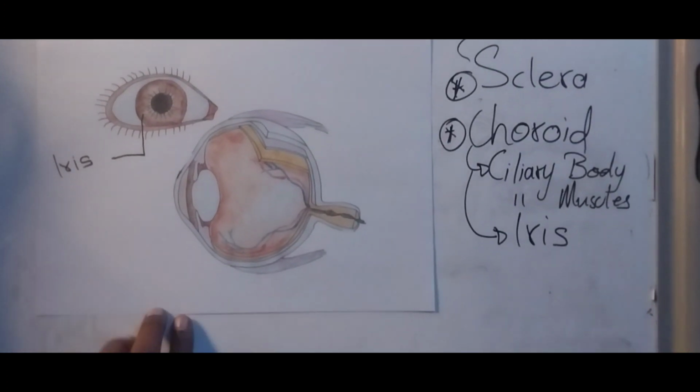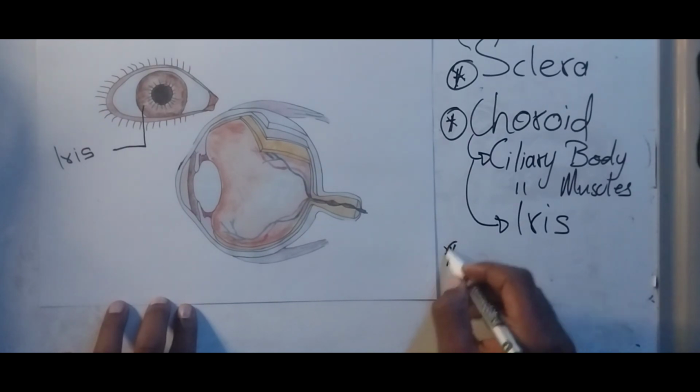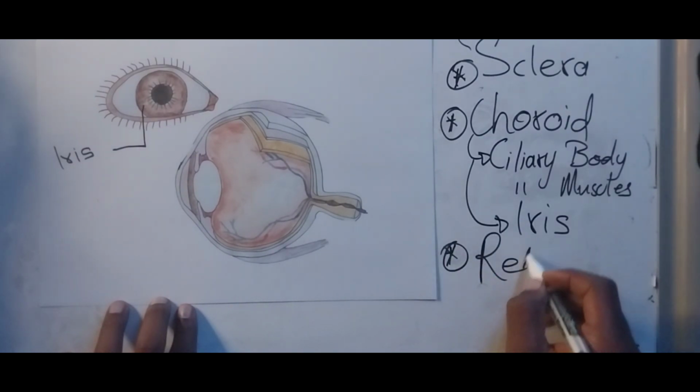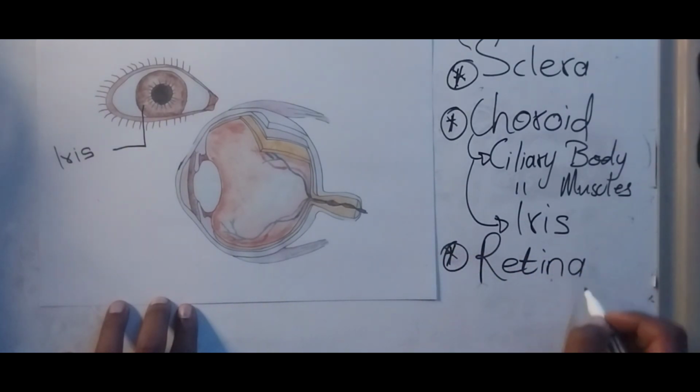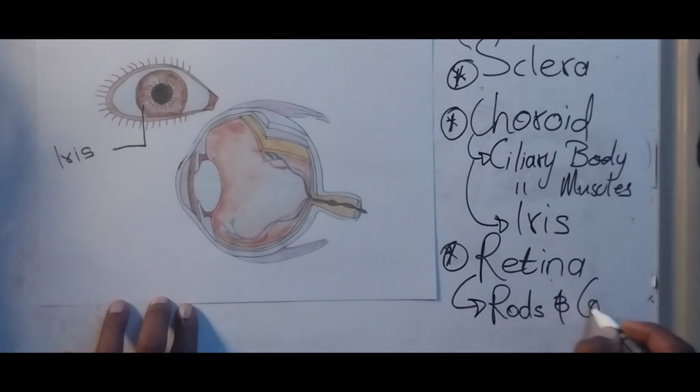Now the last part that we need to understand is the retina. The retina is where our receptors are found. The receptors are called rods, and the other ones are called cones.